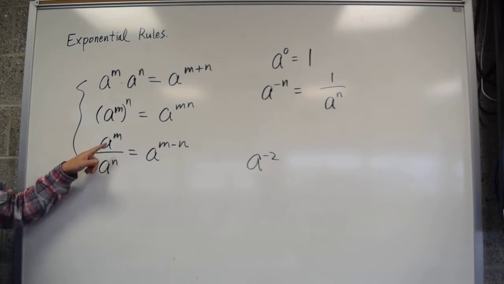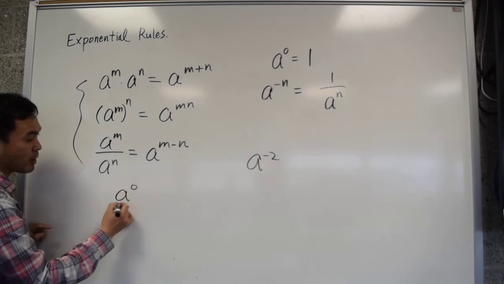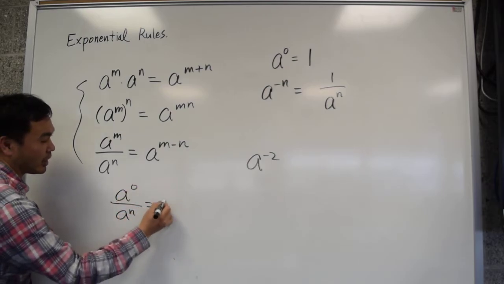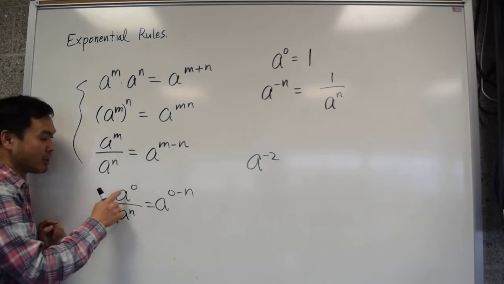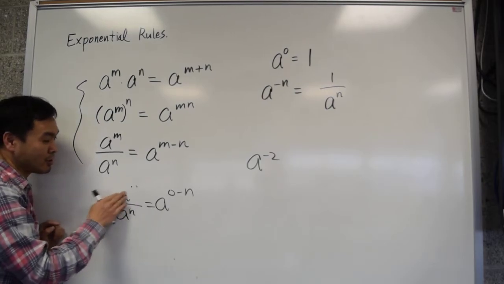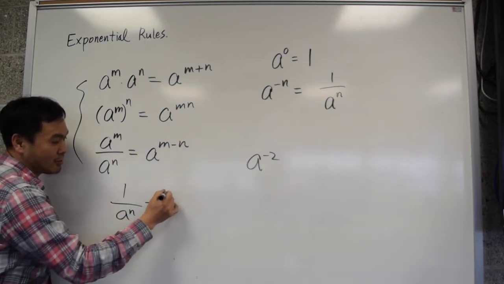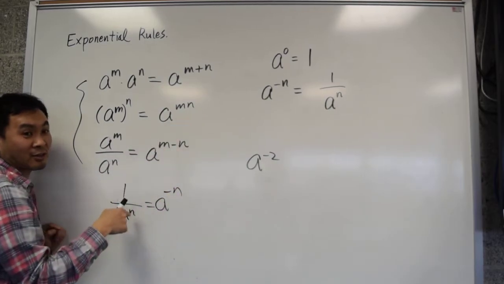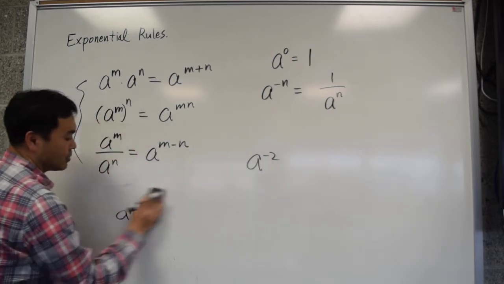If I just plug in 0 for m here, what do you get? a to the 0th power over a to the n is a to the 0 minus n. Isn't that right? What's a to the 0? 1. You agree that it's 1, right? And 0 minus n is negative n. So that's how you get this. This formula implies that this is true.